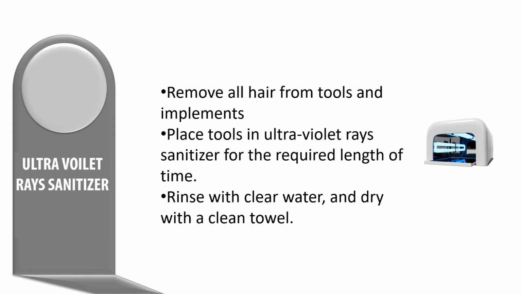Then rinse with clear water and dry with a clean towel. Always remember, you should use a clean cloth or towel and clean water to rinse the tools or implements which are already sanitized.